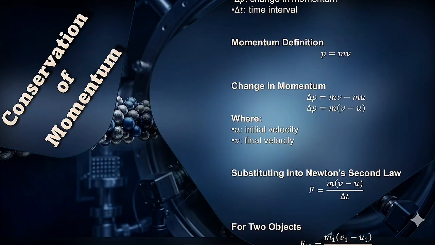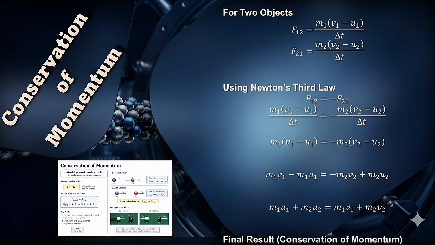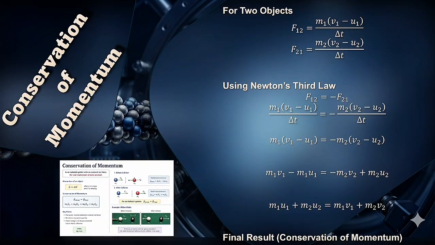We define momentum as the product of an object's mass and its velocity, represented by the equation p = mv. Next, we substitute Newton's second law in terms of momentum, replacing each force with its respective rate of change of momentum over the time interval.